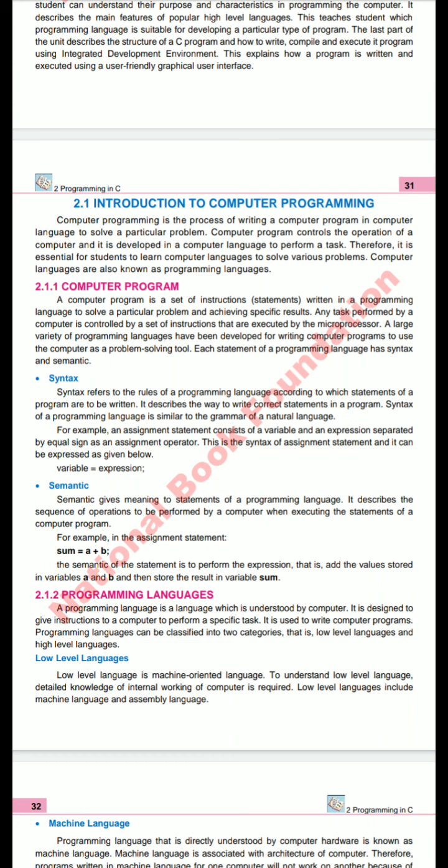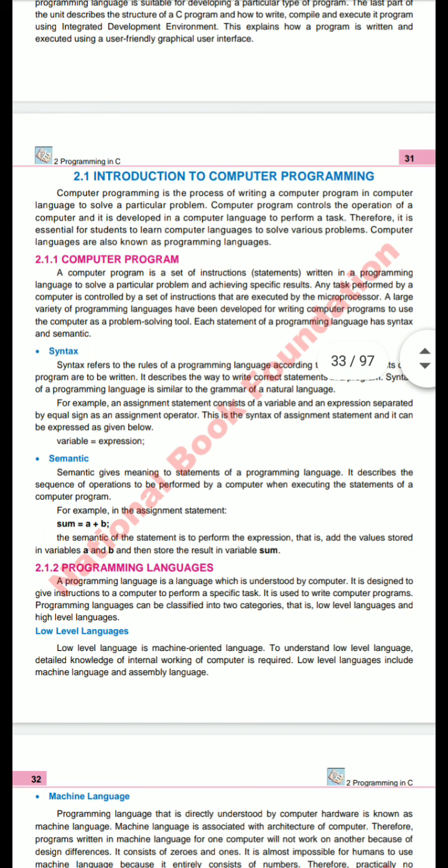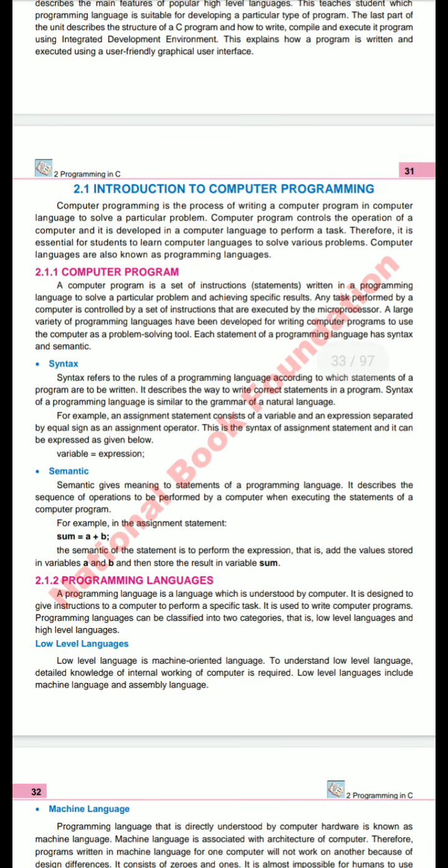It describes the way to write correct statements in the program. The syntax of a programming language is similar to the grammar of a natural language, and natural language means the English language.